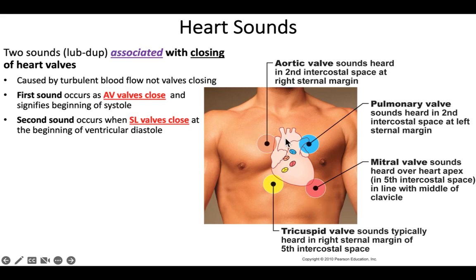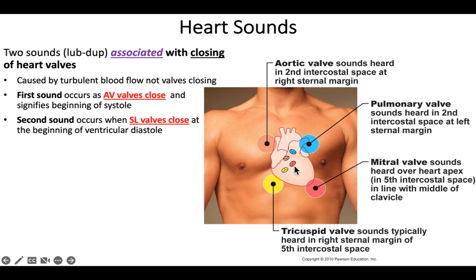If we wanted to listen to the individual valves, where would we place the stethoscope? So let's start with the mitral valve. The proper location to listen to that mitral valve is at the 5th intercostal space.